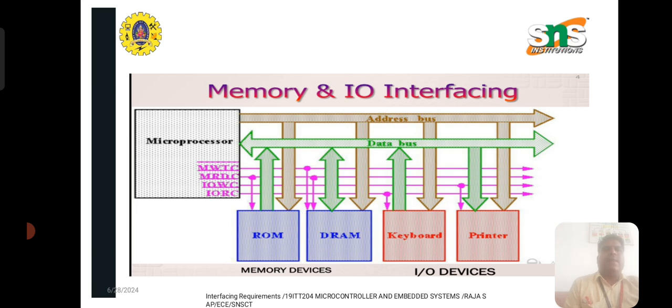ROM and RAM are linked with the data bus, and a keyboard is linked with the address bus and data bus. Also the printer, that is the output device, is linked with the address bus and data bus. Based on this diagram, we can understand that the address bus is connected with all the areas, and the data bus is limited to only some inputs and particular output elements.